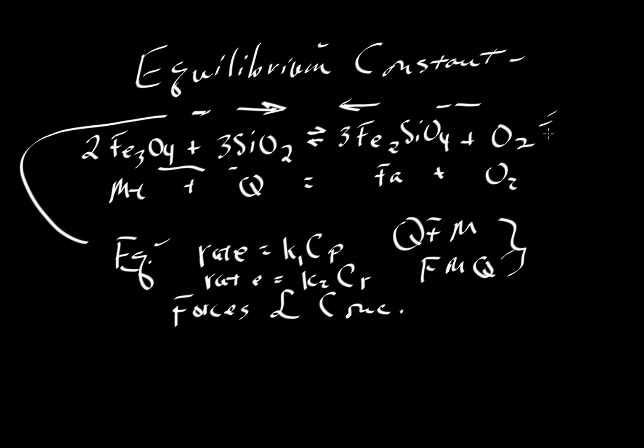So using the same formula, we can think of a rate going to the right, and that rate would be equal to, let's just call it rate constant K1, the concentration of magnetite multiplied by the concentration of quartz.